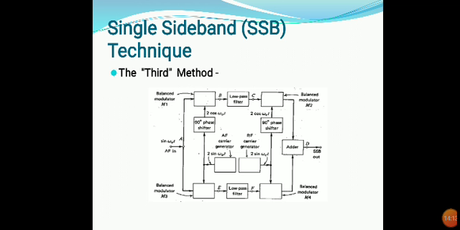You can see these blocks and you can study their equations, from which you will understand that the output of the third method contains only one sideband. The mathematical treatment can be easily seen in the books, but this method is obsolete and it is not used many times in practical applications.